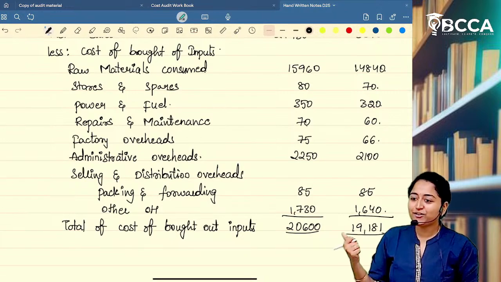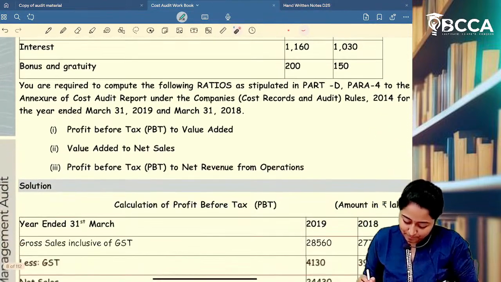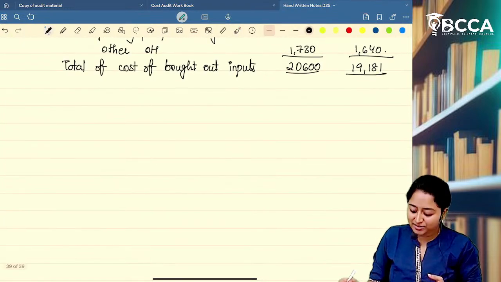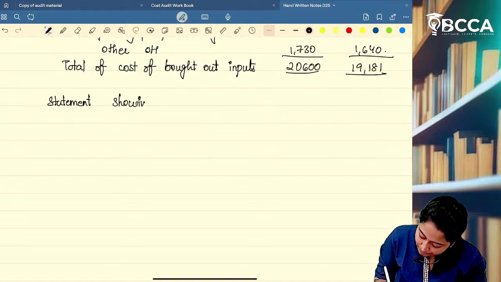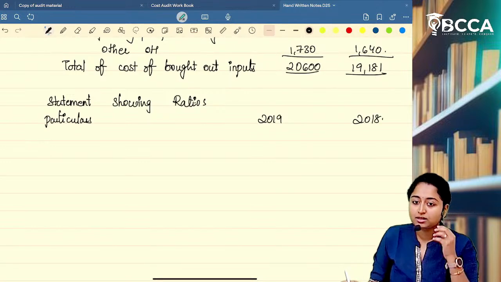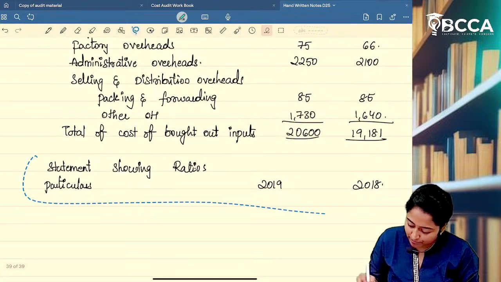Okay, clear value addition? Now, getting into the main answers. First, profit before tax to value added. If they ask regarding ratios, we do a different statement, a statement showing ratios. First we'll write particulars and then 2019 and 2018. Oh, value addition, we didn't do value addition.